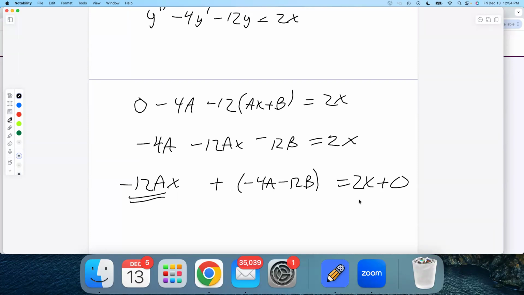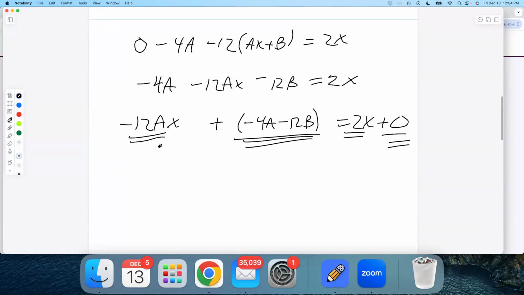Now, negative 12a must equal 2, and this constant must equal this constant. If I had a quadratic, I would compare the x squared coefficients, then the linear coefficients, then the constants. All right, so we've got a system of equations here, but it's pretty easy to solve. I've got negative 12a equals 2, so a is negative 2 over 12, negative 1/6.